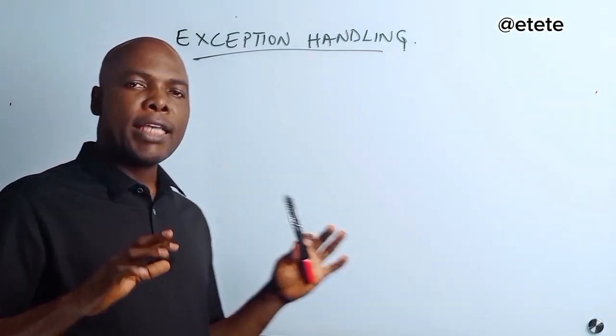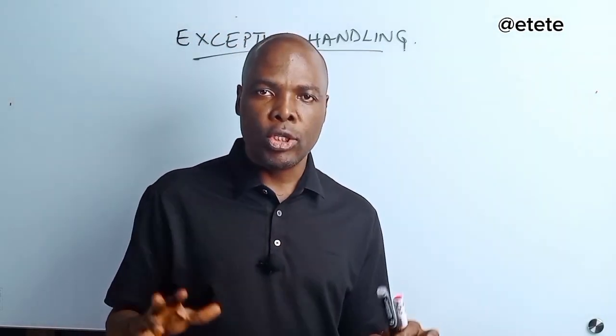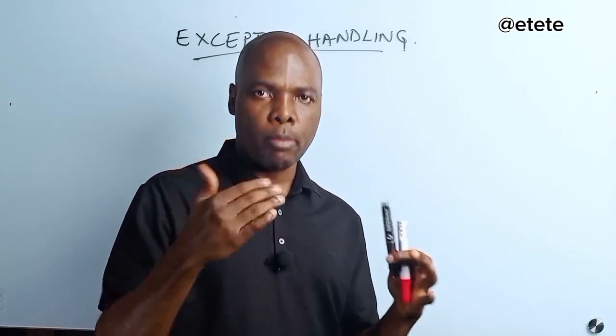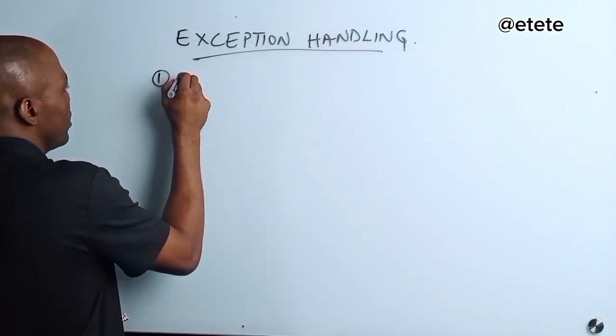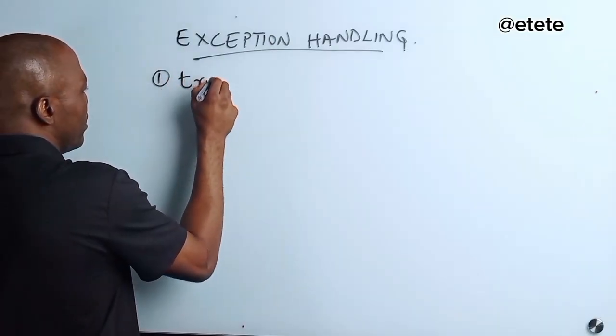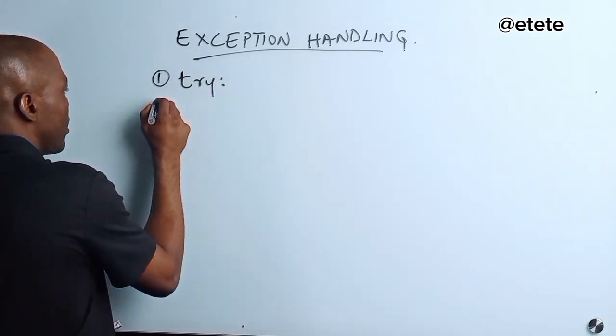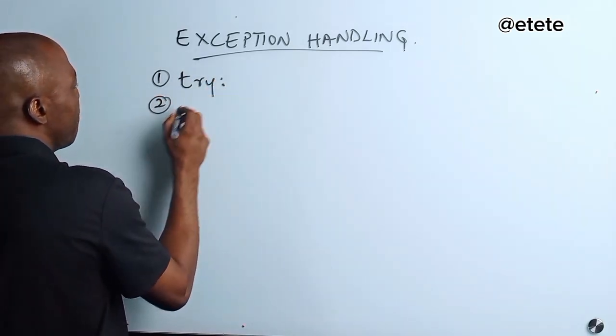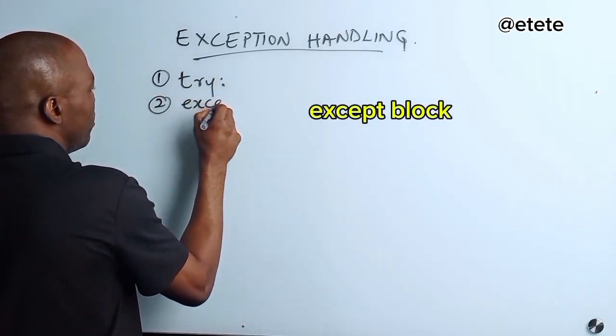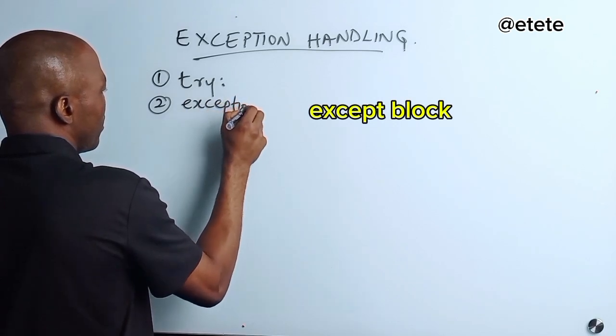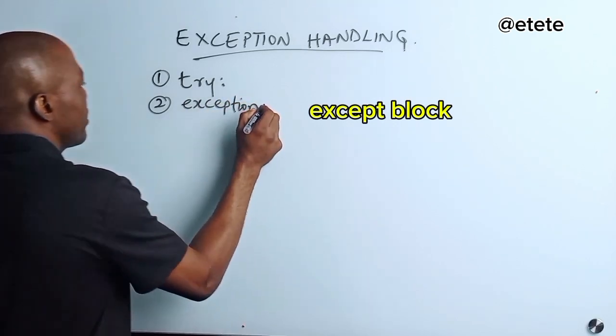Now, exception handling in Python is done using some blocks. The first one is the try block, right? The second one is the except block, right?